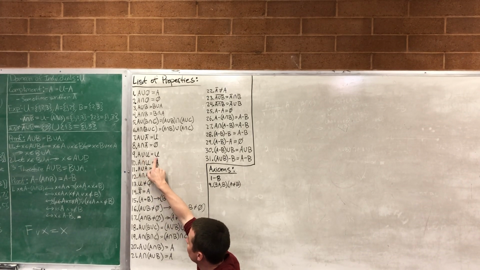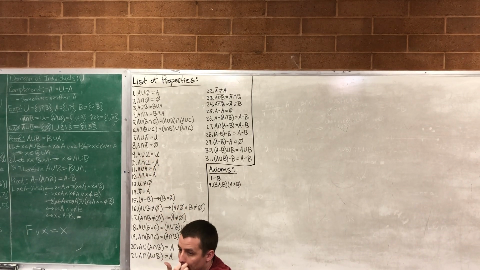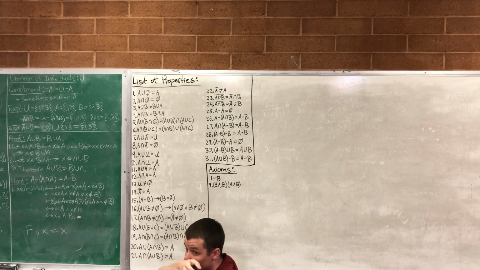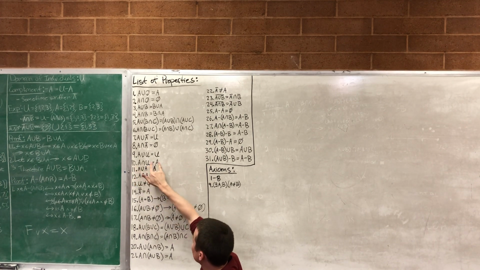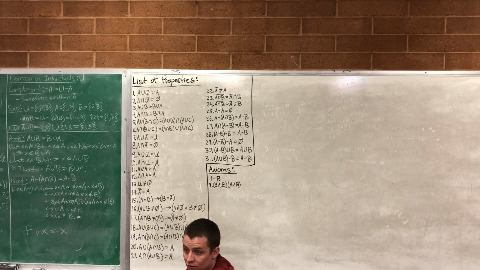It means everything in here is in here and everything in here is in here. That's what we mean by they're equal. So if I'm talking about everything that's in A and the universe, that's the same thing as talking about everything that's in A.